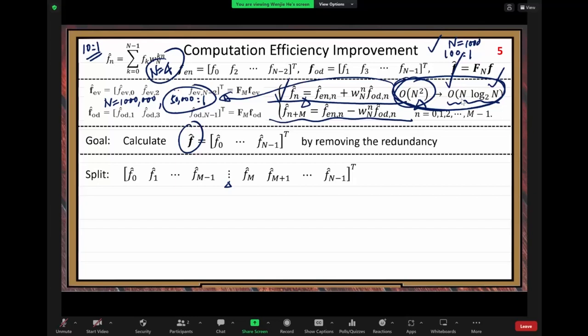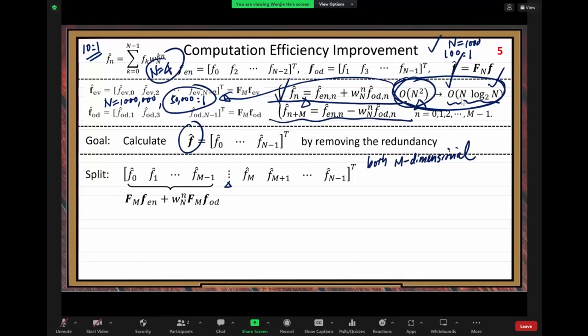That's the m-dimensional vector. First half, second half, both m-dimensional vectors.